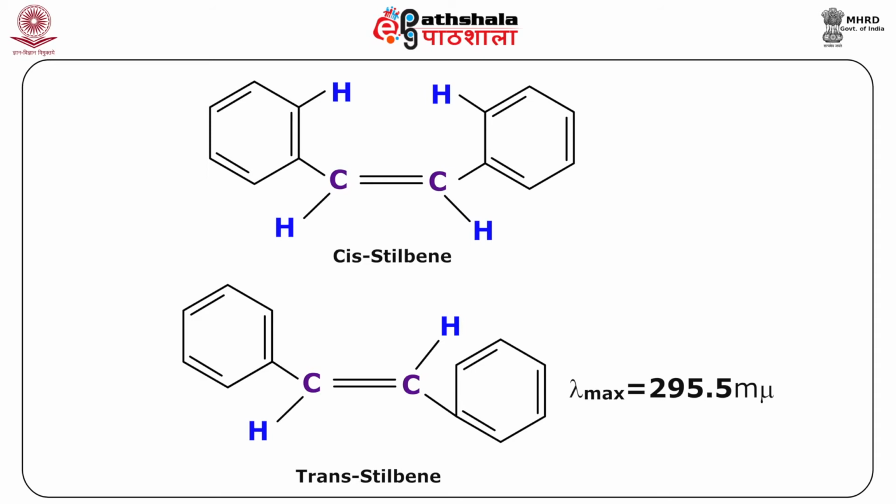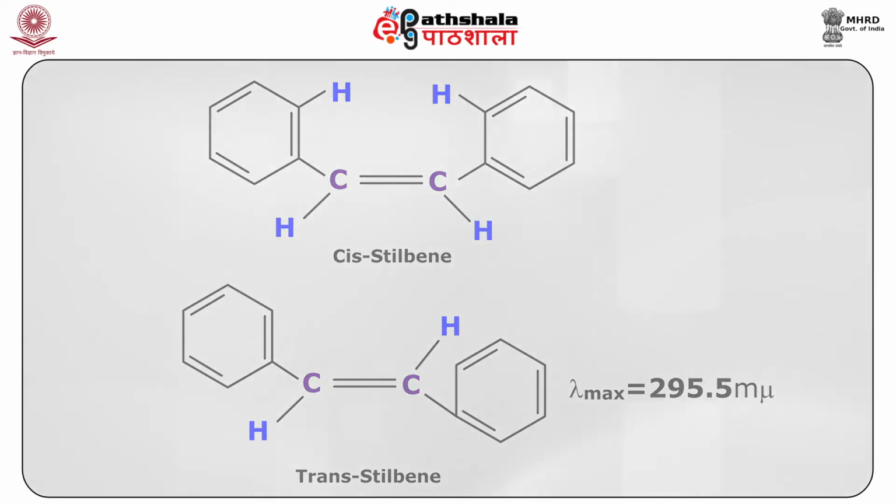In comparison, the trans geometrical isomer suffers no such distortion and thus absorbs at a much higher wavelength. Now you can see in the figure, taking the example of trans and cis stilbene, the trans isomer absorbs at 295.5 millimicrons, which is higher than the cis.